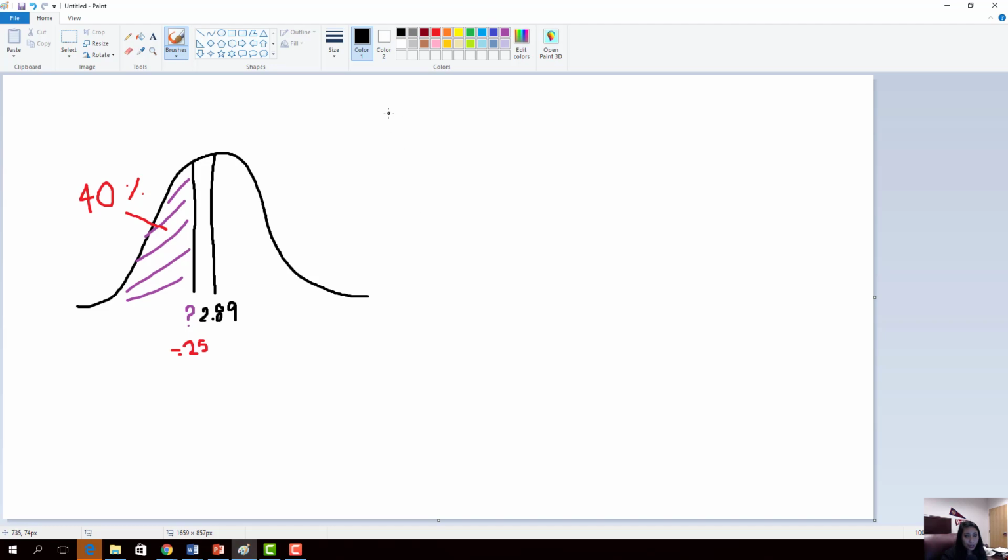And we can use that original formula, which was z is equal to x minus the mean over the standard deviation. Using a bit of algebra, we can bring that x out in front. So that'll give us x equals z times the standard deviation plus the mean.